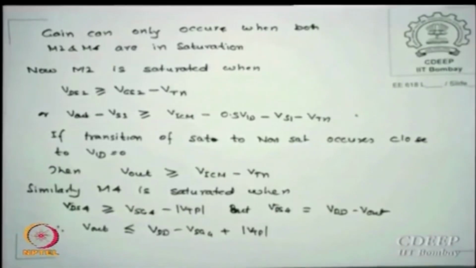We would say if VDS for the M2 transistor to be in saturation, VDS2, which is the drain to source voltage of that transistor, should be larger than or equal to VGS2 minus VTN. Is that okay? VGS2 minus VTN. This is straightforward transistor theory.